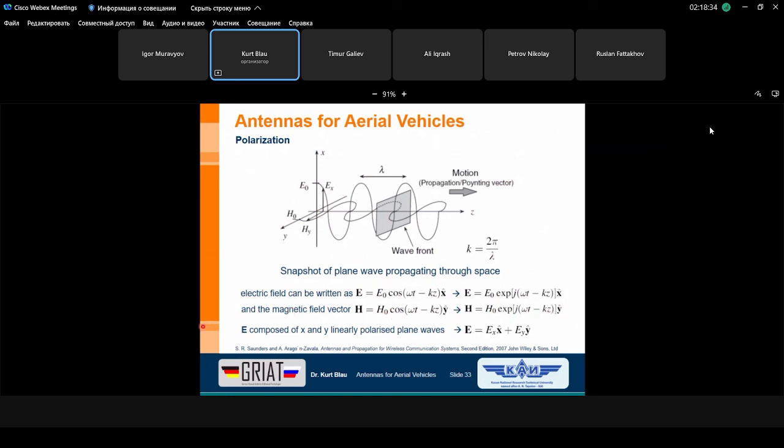And now the E field vector, you can compose it of X and Y linearly polarized plane waves, and this is what I have explained. Here you have the normalized vector in X direction and here in Y direction, and it means that the E field vector is not exactly moving only in this plane, it also has small components in the perpendicular plane.